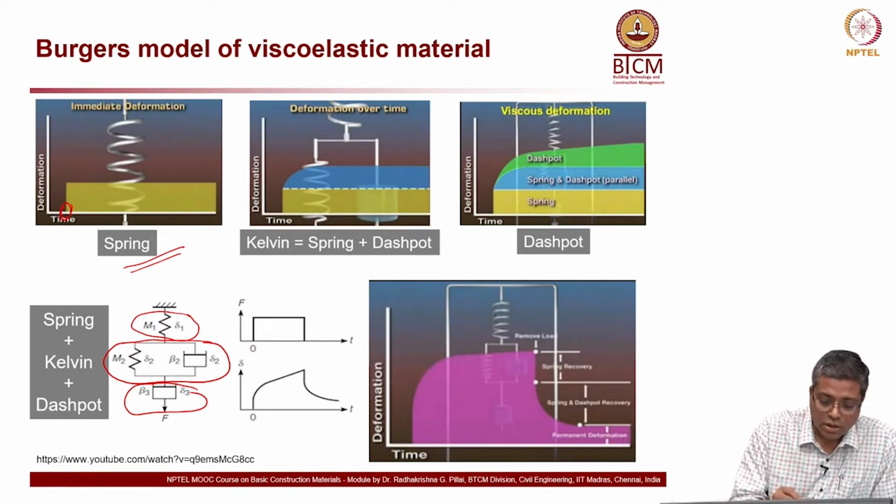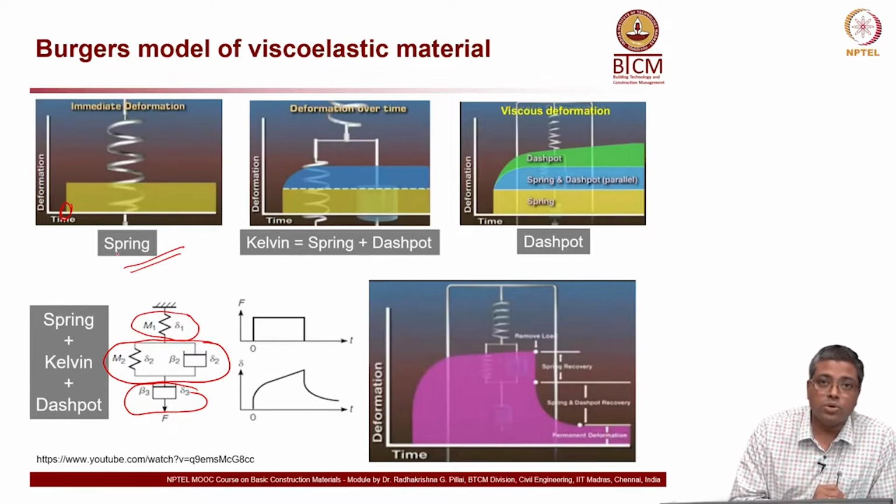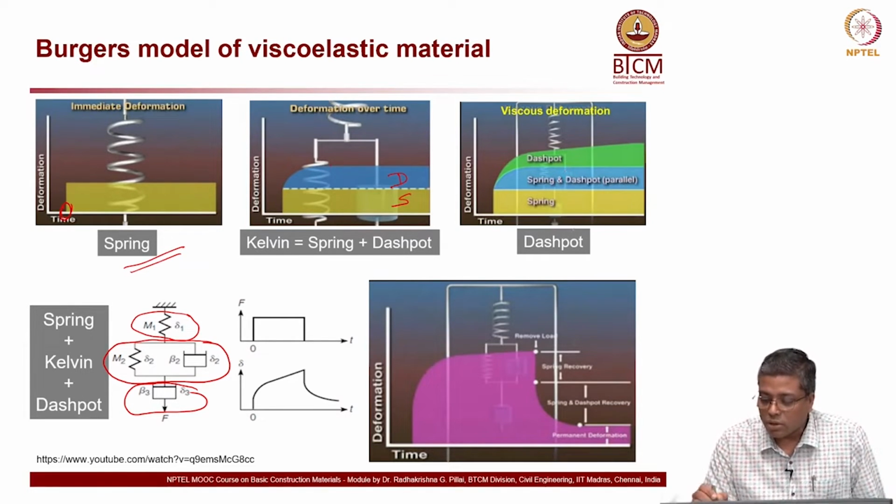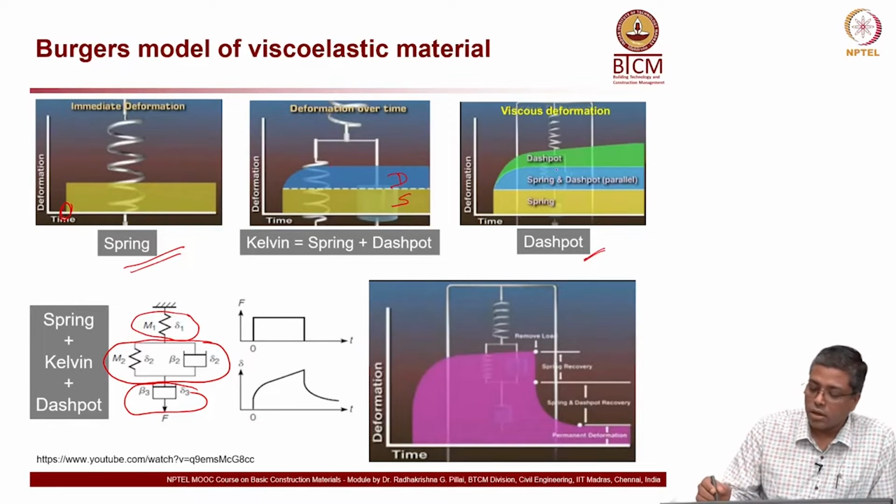Now, the first one on the top left is the deformation due to spring model, or immediate deformation. Second one is Kelvin model, which has spring and dashpot. The blue region is because of the viscous flow. You can see at the background of this curve you have a spring shown and also a dashpot shown. Now, the third one is the viscous deformation, which is only the dashpot, this green one.